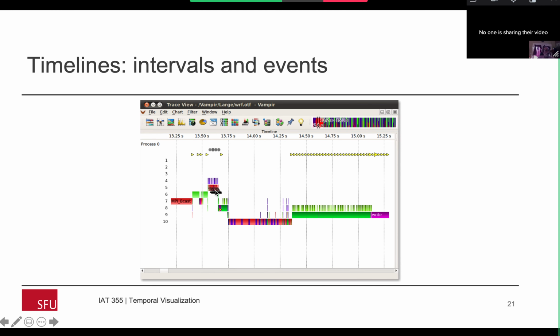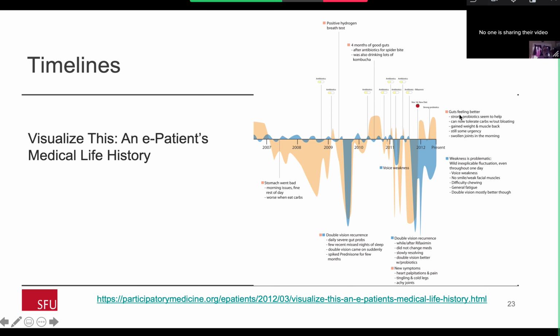So for diagnostic purposes, another use of timelines is to show the history of things that have happened, and so this is an e-patient's medical life history view. And here what's being shown is two general factors with annotated events of interventions. With this patient, they're having some gut problems.